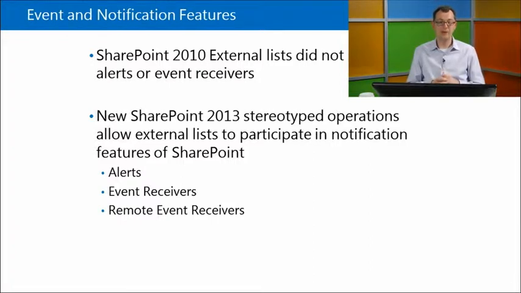So we've got what we call event receivers and remote event receivers. Basically, in SharePoint, in the normal way that we're used to using a list event receiver, we add one, right? And that's new. That wasn't able to be done in 2010. And then there's also the idea that the remote system can send SharePoint notification of an event that's happening on the remote system. Yep.